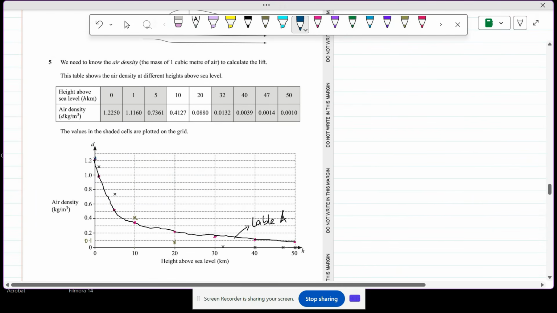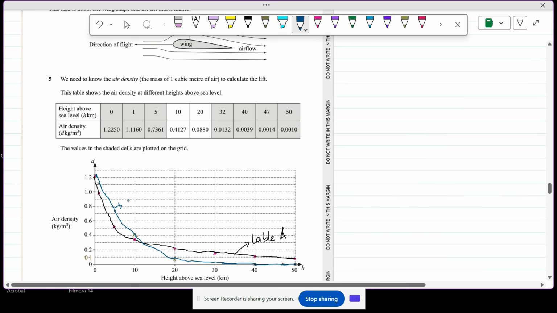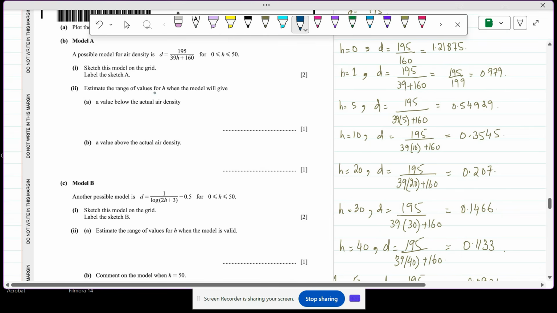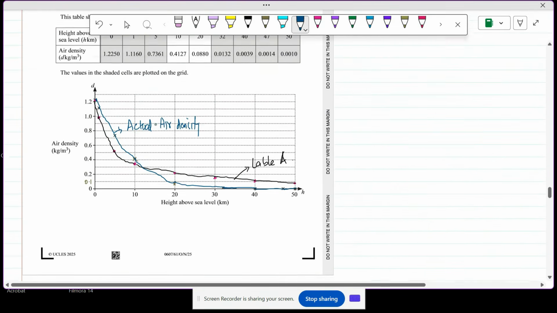So this one is actual air density. Now, estimate the range of height when the model will give the value below the actual air density.